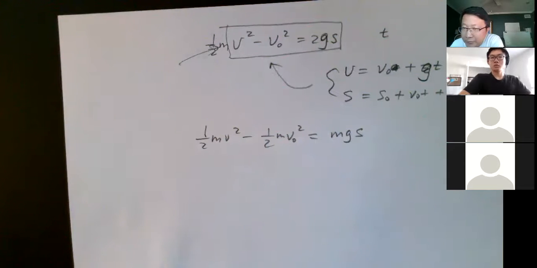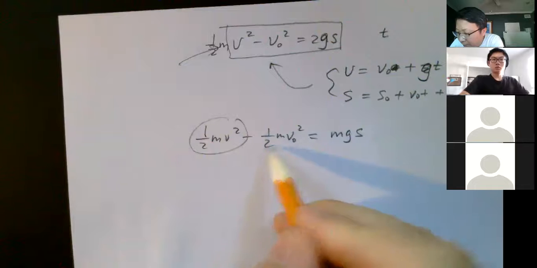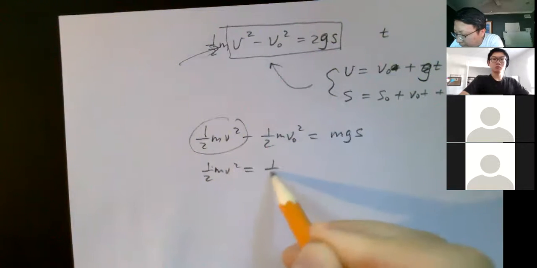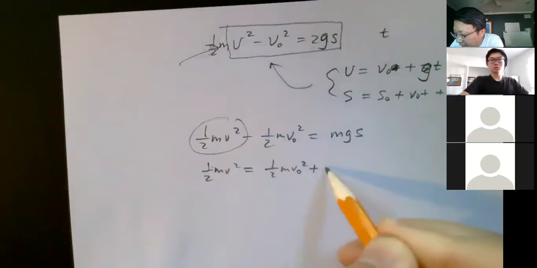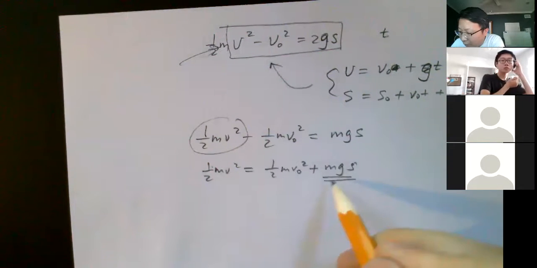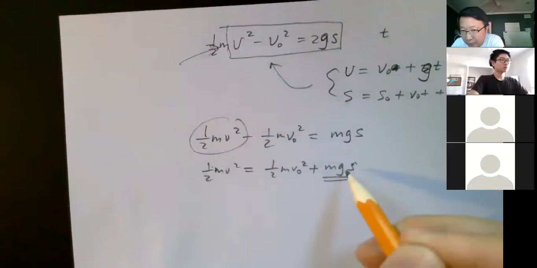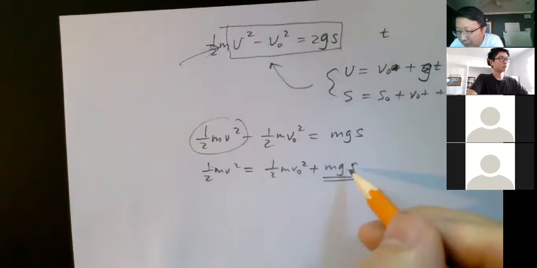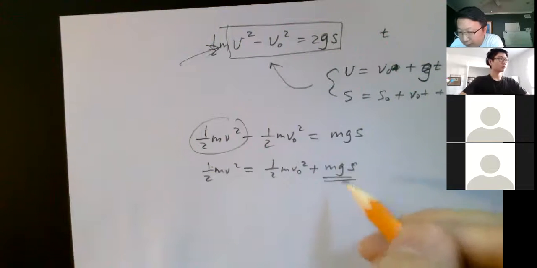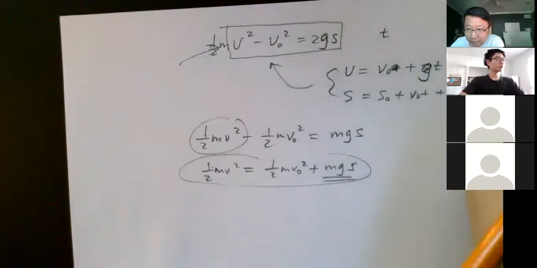So this is energy conservation, saying that the kinetic energy equals the initial kinetic energy plus the gravitational force, or weight, times distance, which we call potential energy, or the work the force does.